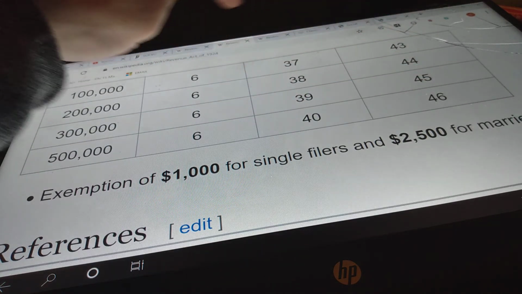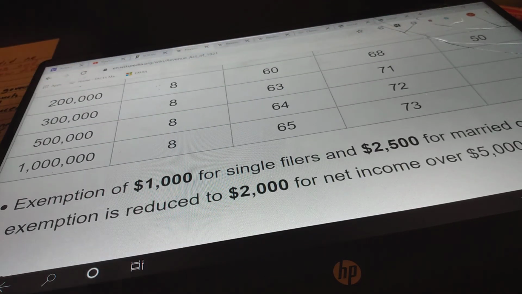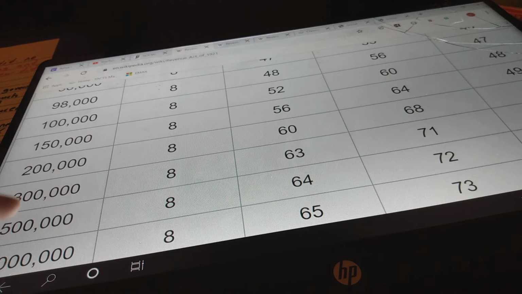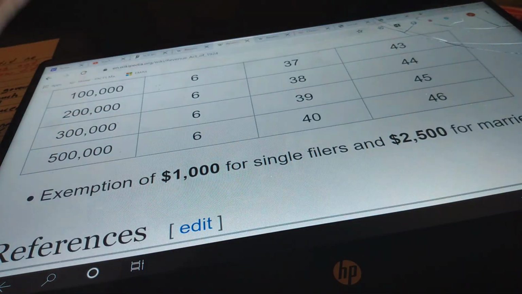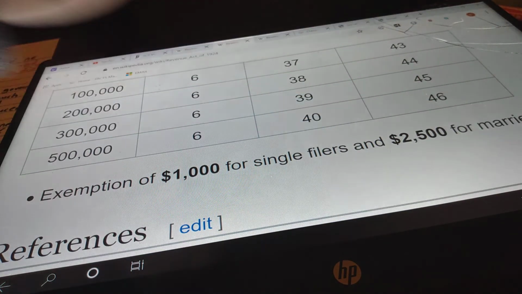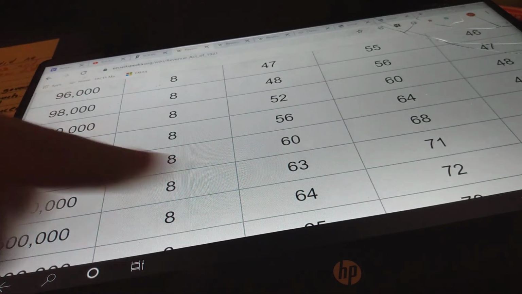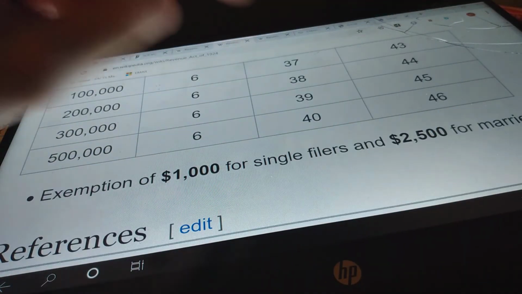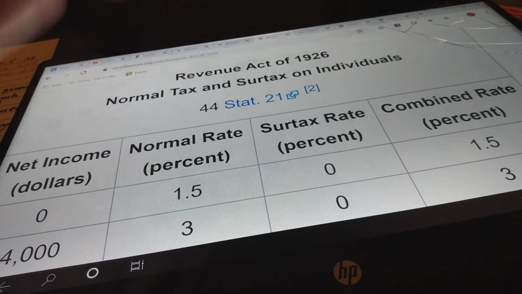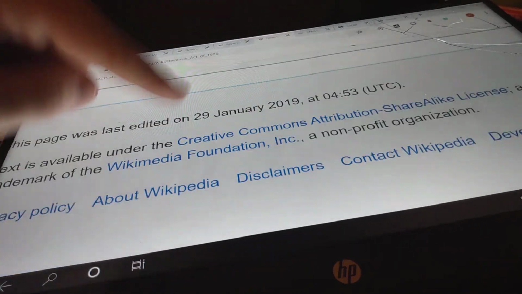Well, actually, let me just go back to the first chart. If somebody makes $500,000, they were taxed 72%. In 1924, if they made $500,000, they would be taxed 46%. So it went from 72 to 46.